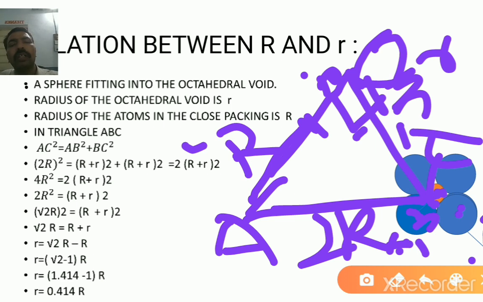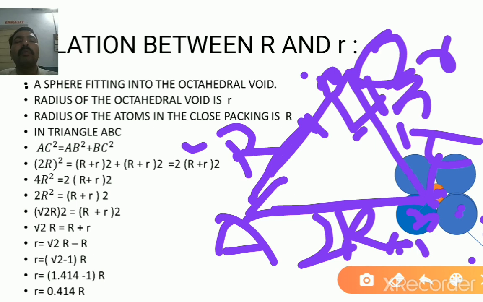Dividing by 2, 2R square is equal to (R plus r) square. Taking the square root, root 2 R is equal to R plus r.